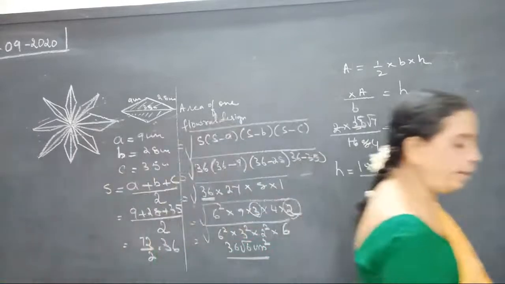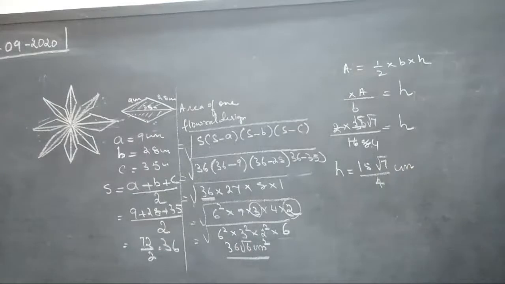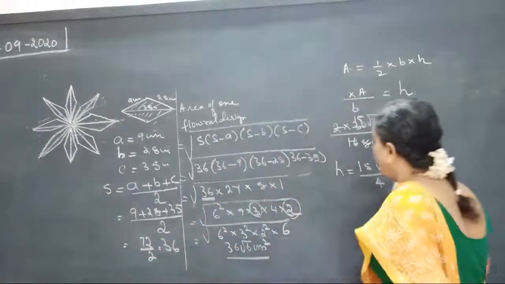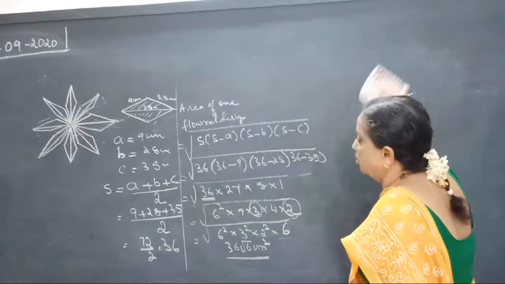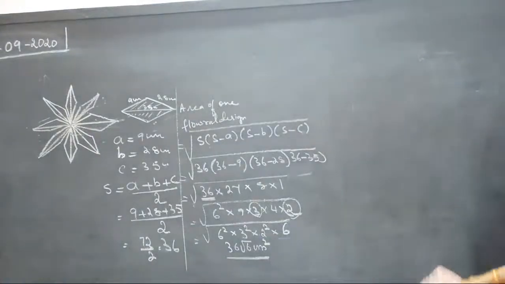So now we have to find out the total area as well as its cost. There are total 16 tiles. We have found out only the area of one floral triangular piece.